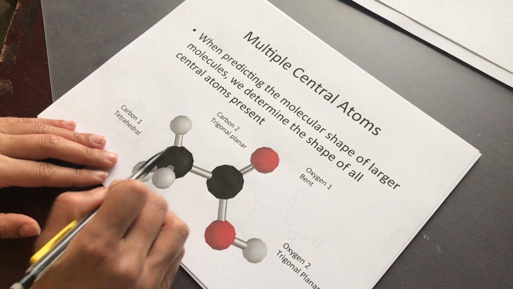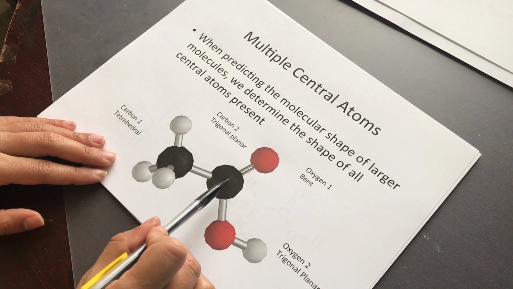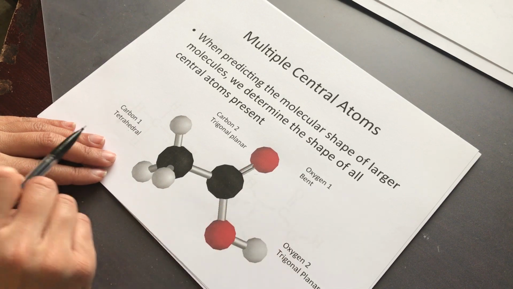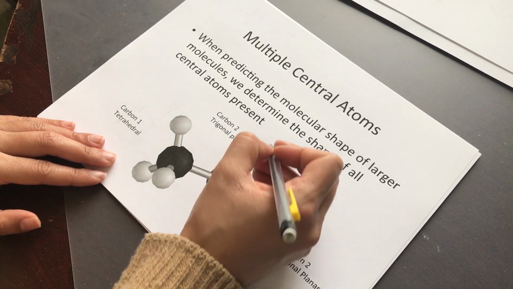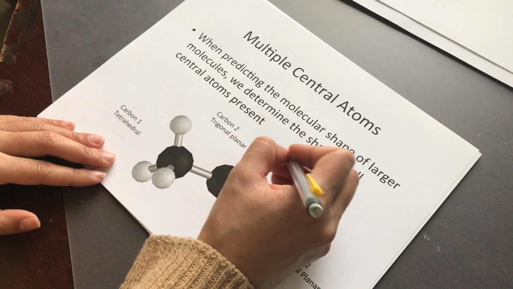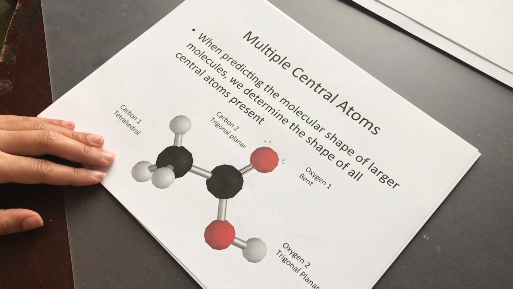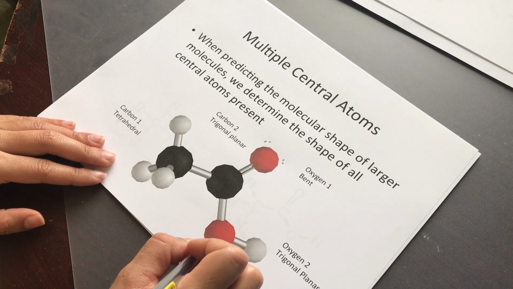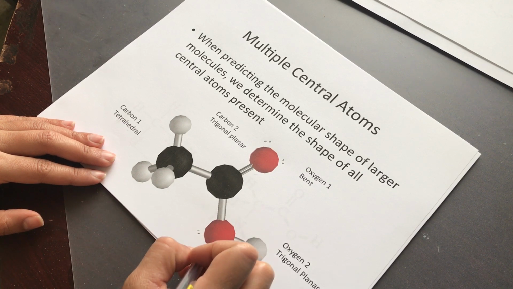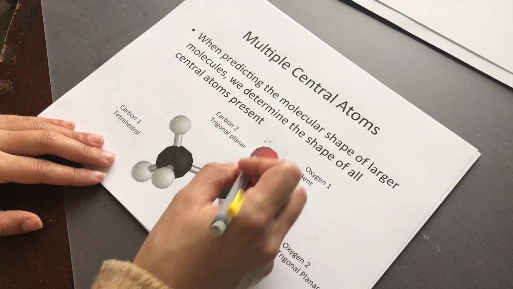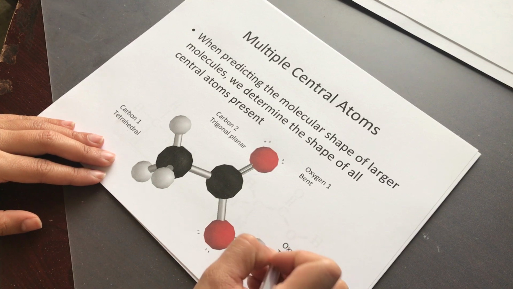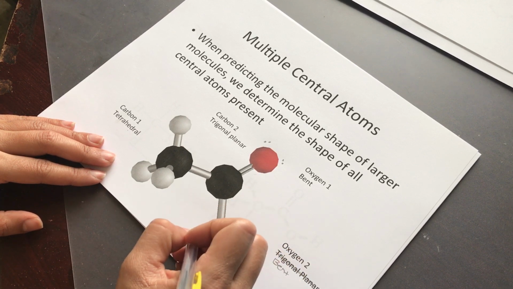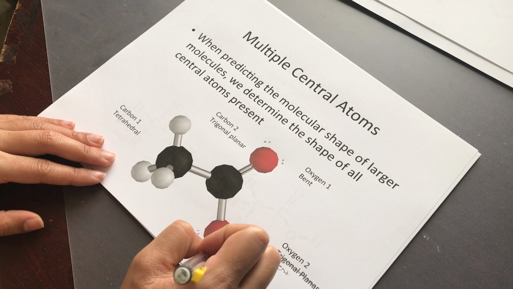This carbon has 1, 2, 3, 4 electron groups, so it's tetrahedral. This carbon has 1, 2, 3 electron groups, no lone pairs, trigonal planar. This oxygen is bent. We have the lone pairs of the oxygens here. Then this oxygen is also bent. It's supposed to be oxygen 2 is bent because we have 1, 2, 3, 4 electron groups, 2 bonds, and then 2 lone pairs.